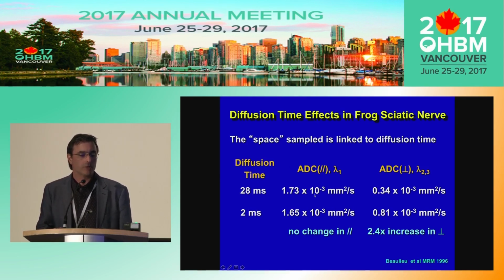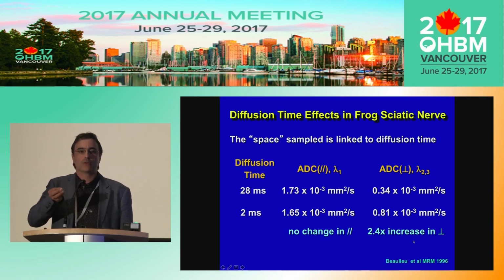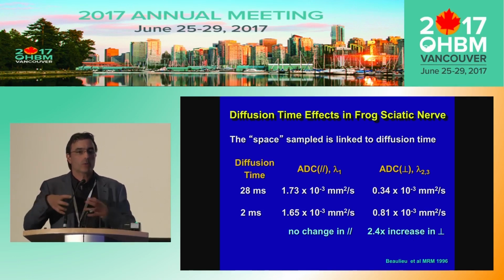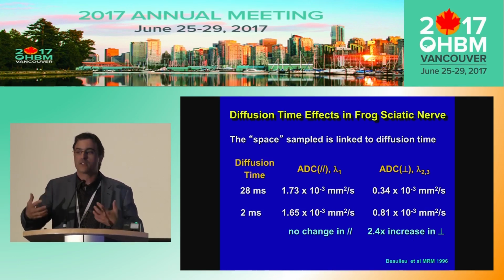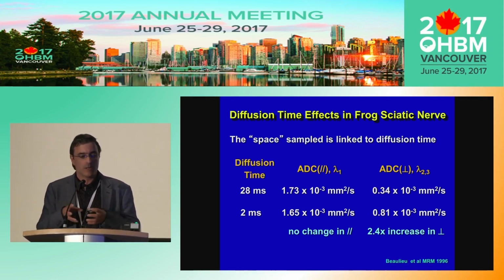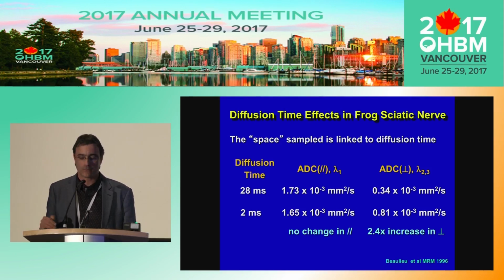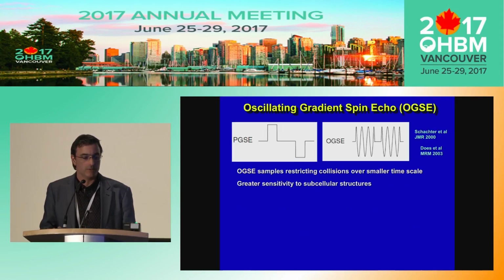And you can see that the parallel diffusion didn't change at all, but the perpendicular diffusion, when we reduced the diffusion time, increased by 2.4 times, right? That meant the water molecules weren't experiencing the barriers. They weren't getting as restricted, okay? So the ADC that we were measuring was much higher, indicating that we can probe different sizes of barriers by altering the diffusion time if we could get really, really low. But that's very challenging to do in vivo.